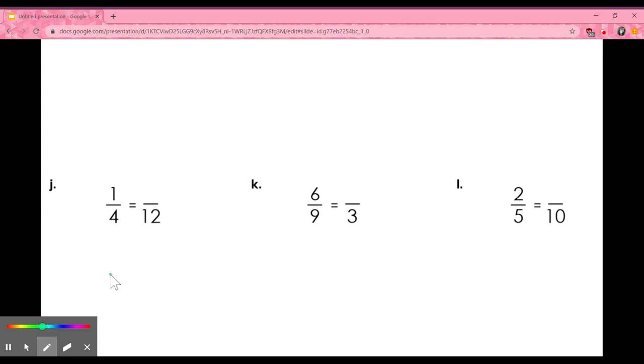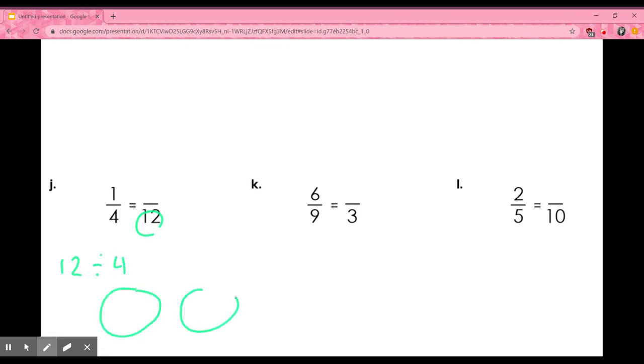So we have the fraction 1/4, and we're trying to figure out how many 12ths is equal to that. So we're going to take 12 and divide by 4. So I'm going to have 4 groups. 1, 2, 3, 4. Count up to 12. 1, 2, 3, 4, 5, 6, 7, 8, 9, 10, 11, 12. I get the answer of 3.